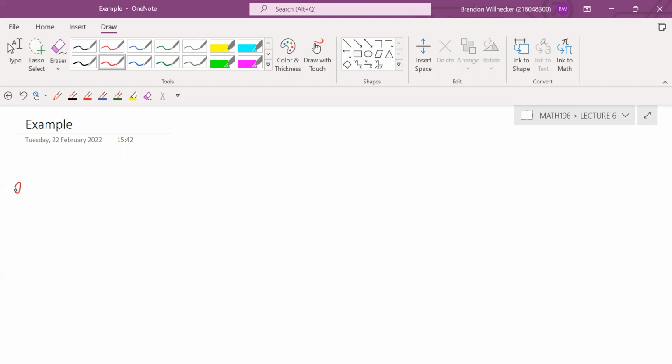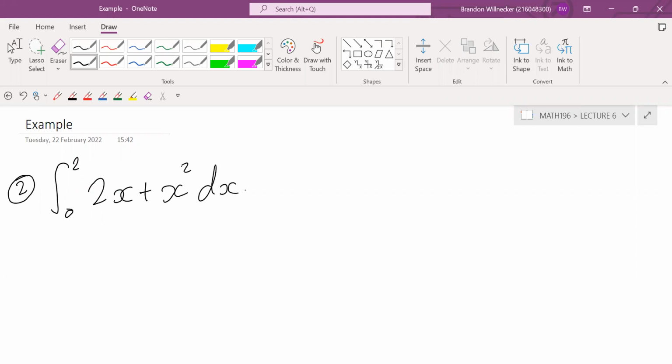So this is example 2. Let's calculate the integral from 0 to 2 of 2x plus x squared dx. We're going to do the same thing as before. Square brackets.